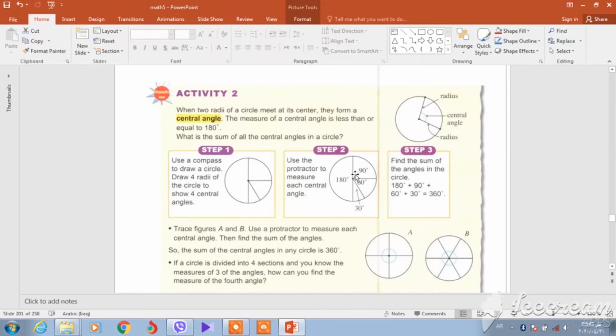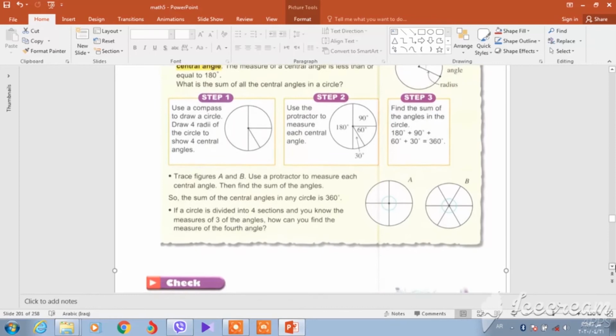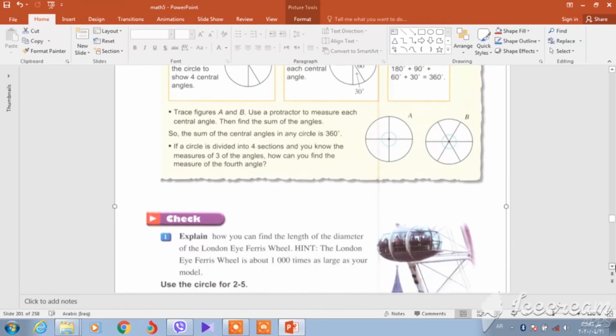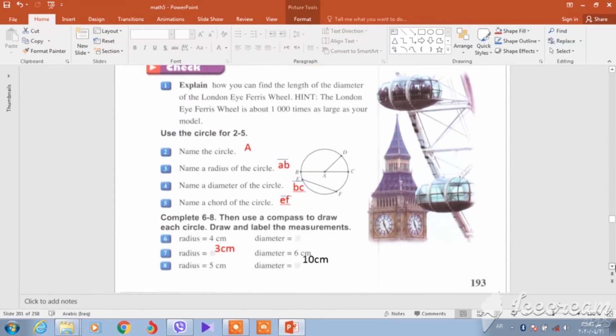Students, for any circle, big or small, the sum of the central angles of a circle equals 360.